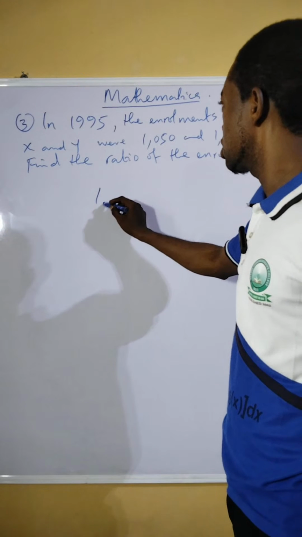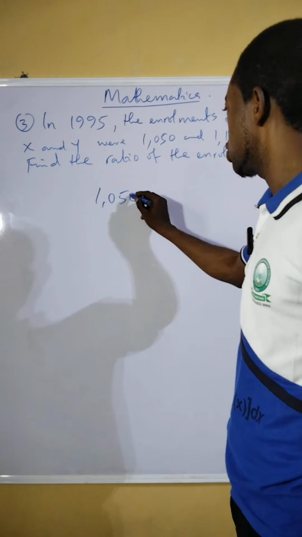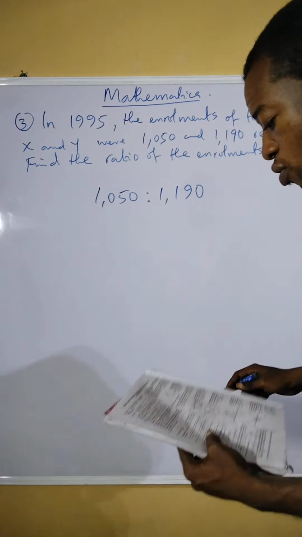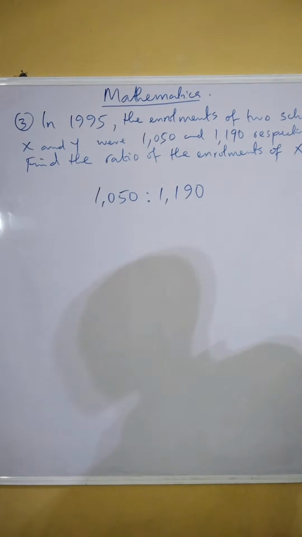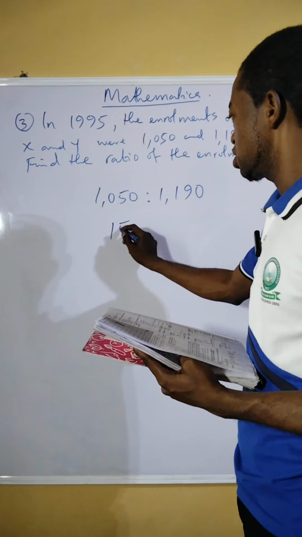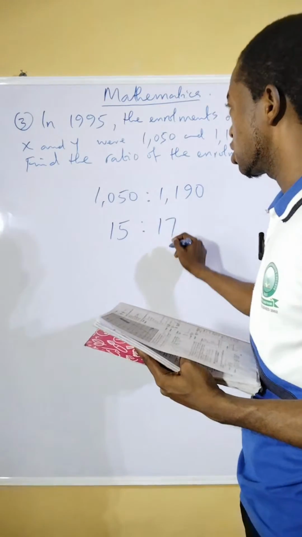So this will be 1050 ratio 1190. So all we need to do is to reduce this ratio into simpler form. When we divide to the simpler ratio, this gave us 15 ratio 17.